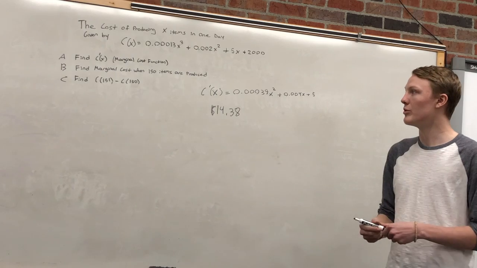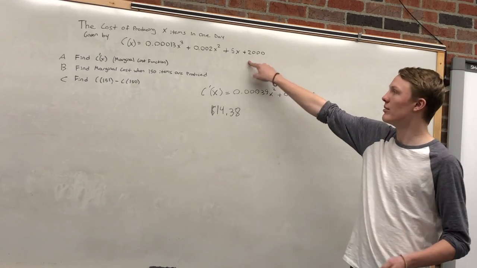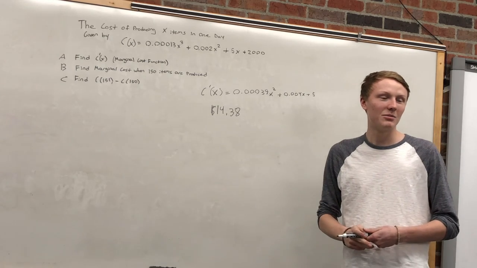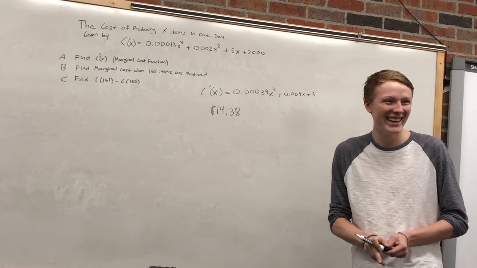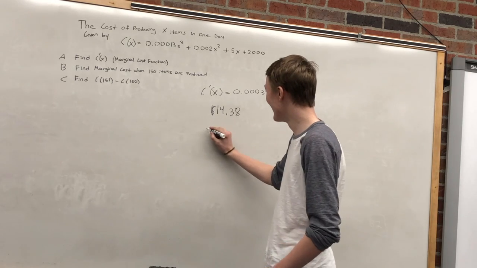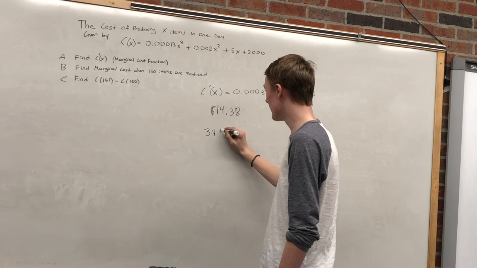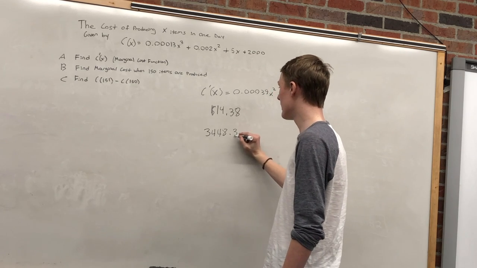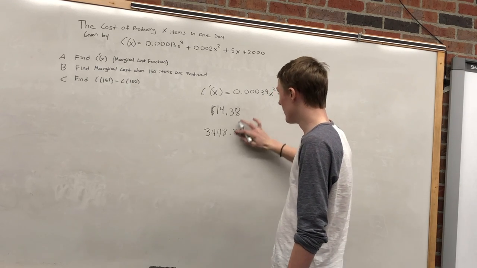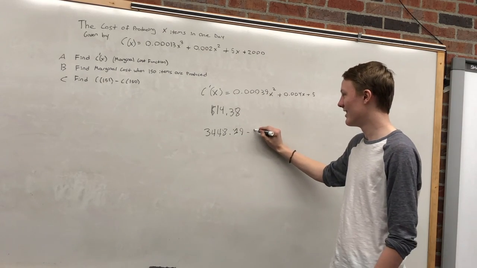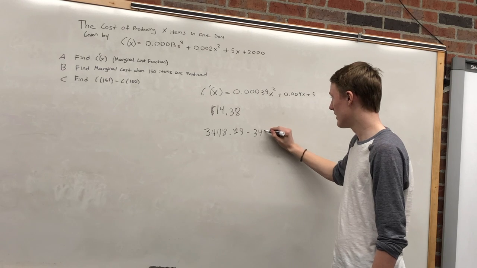All right, and then part C is find the cost function. You plug in 151 minus 150 of the original equation, and that is 3,448.39 minus 3,433.75.